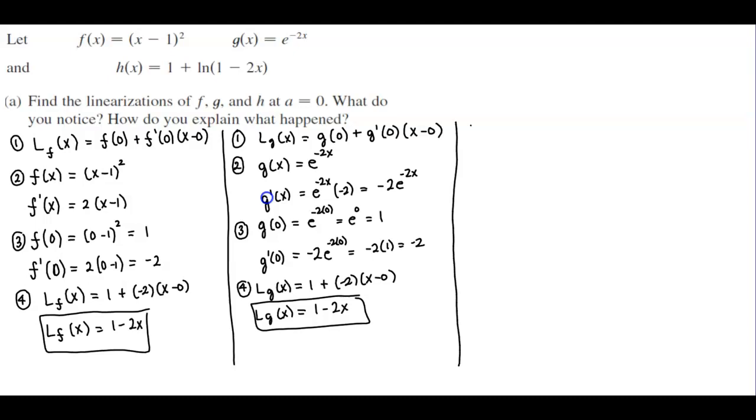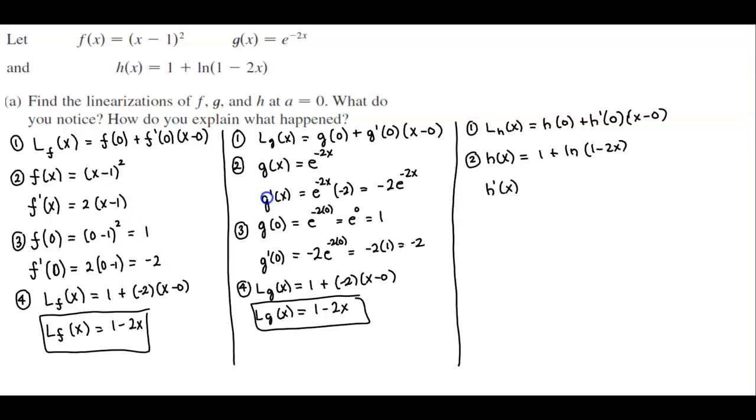Okay, now we want to find L_h of x, where we have h of 0 plus h prime of 0 times (x minus 0). We know that h of x is equal to 1 plus the natural log of (1 minus 2x).